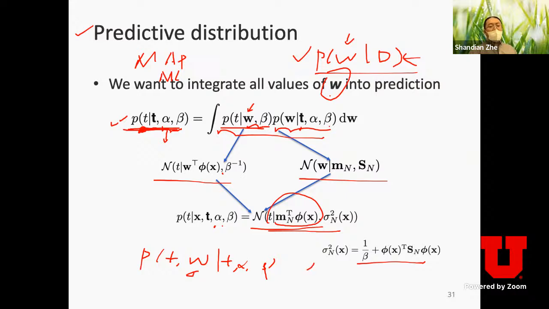It is proportional to the prior of W and the likelihood of data given W. But for type 2 MLE, we marginalize out this W and only maximize with respect to alpha and beta. This is also called the empirical Bayes principle. It's very widely used.